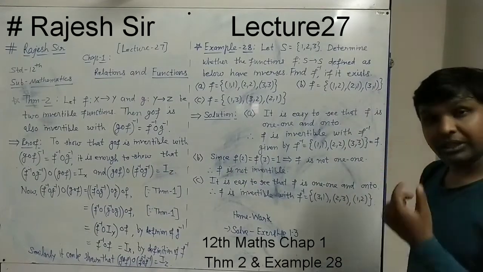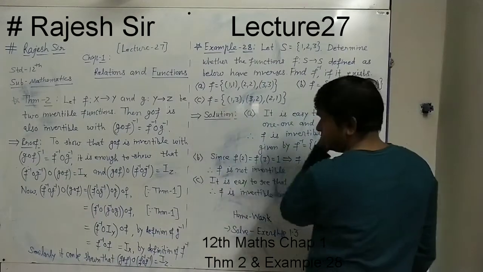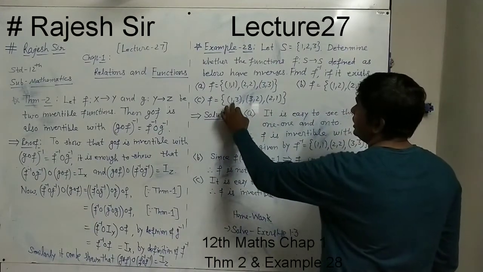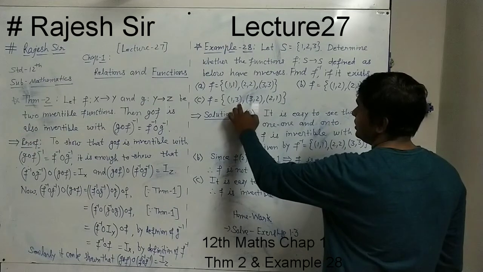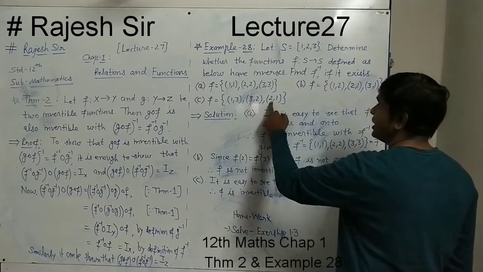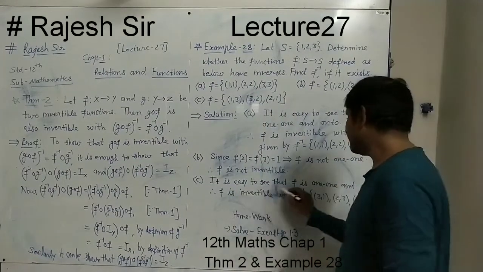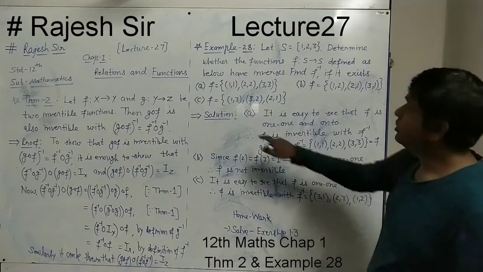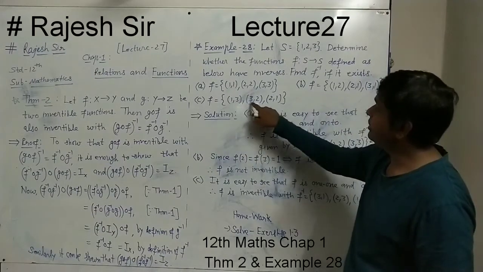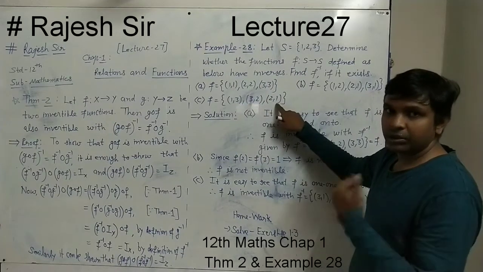So no question about finding the inverse function. In C now, this is the question. The element 1 has image 3, the element 3 has image 2, the element 2 has image 1. Again, it is easy to see that f is 1-1 and onto. For different elements of the domain 1, 3, 2, we have different images, so it is 1-1.